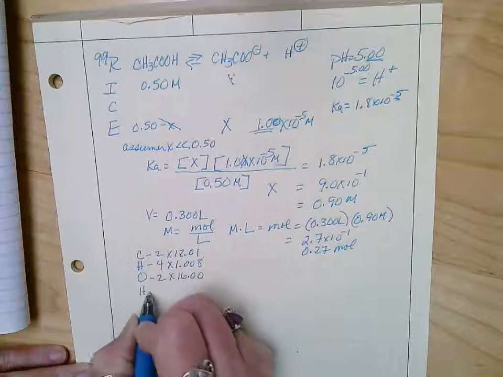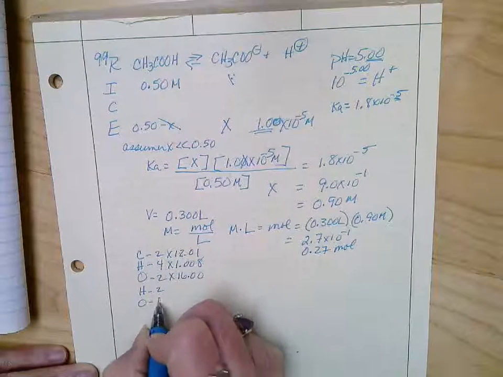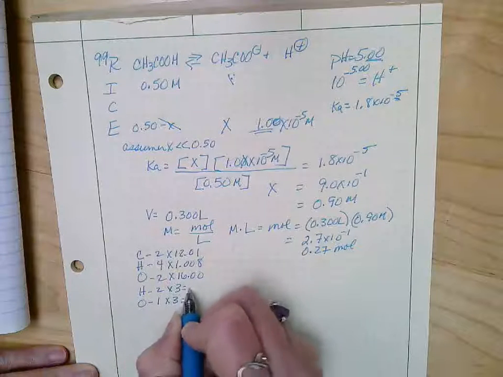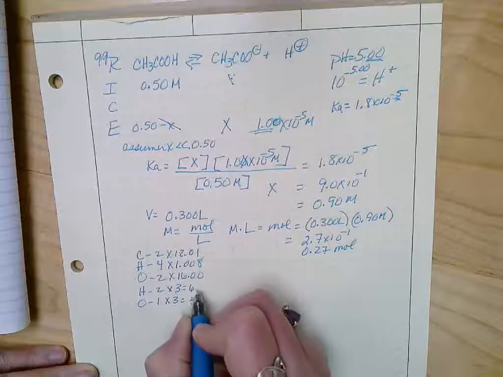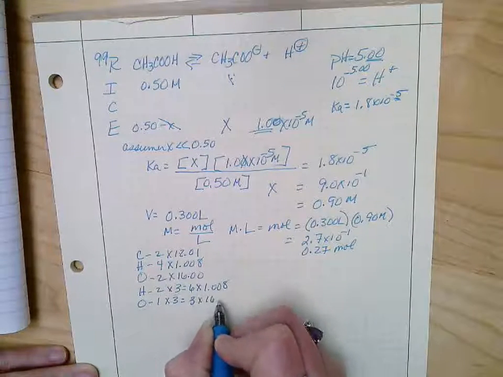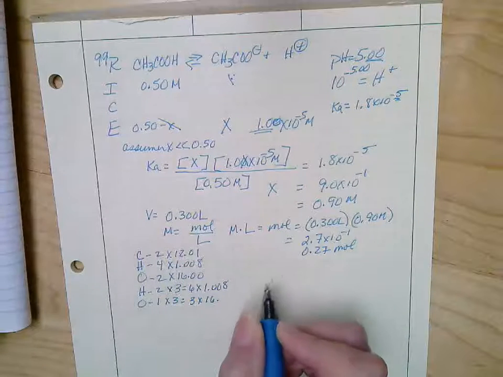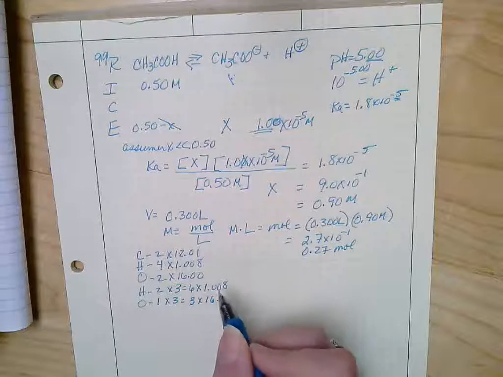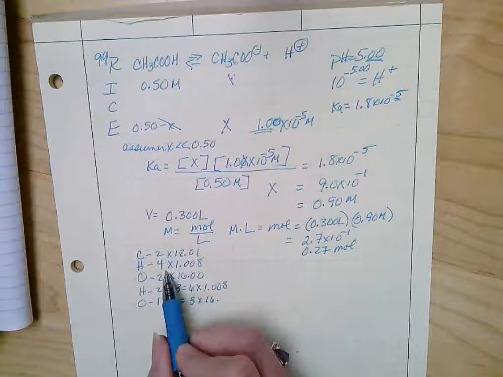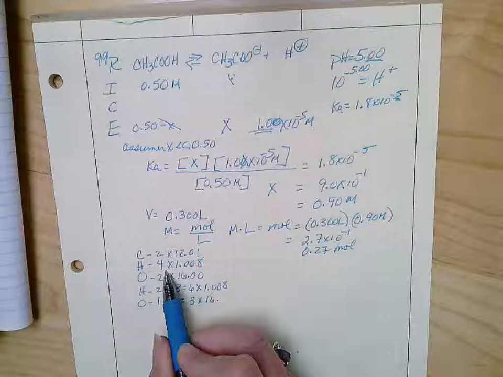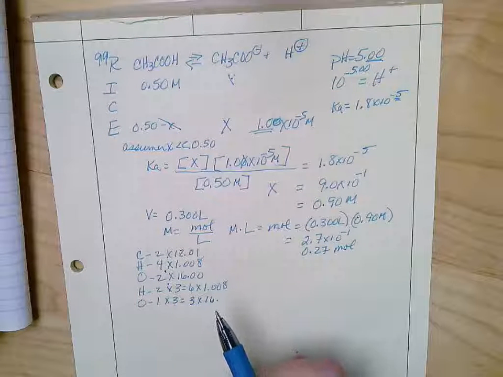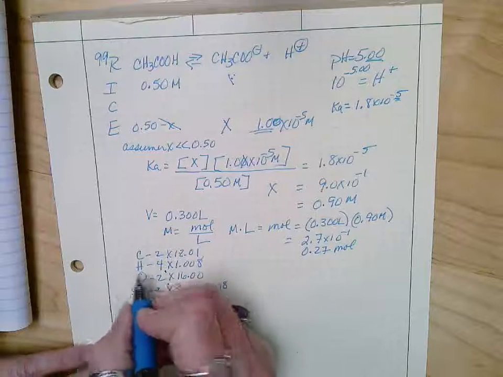And then for water, I have 2 hydrogens more and oxygen, I have 1, but I have a trihydrate, so I have to multiply each of those by 3. And so, doing the math, 2 times 12.01 plus 3 times 1.008 plus... oh wait, I messed up.